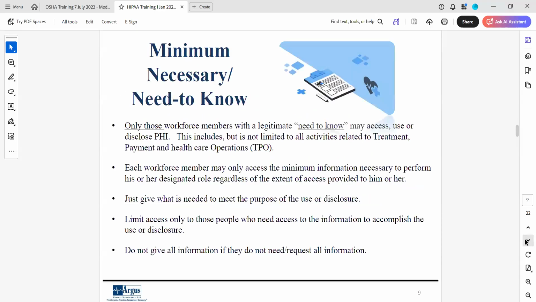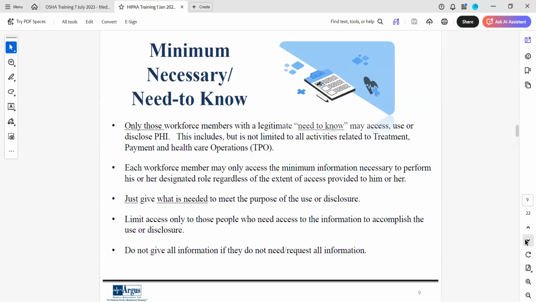Minimum necessary, need to know. Why is this important? At all times, when you are working with protected health information, you should always only give the minimum necessary, or what they need to know. Nothing more than that. Just give what is needed.